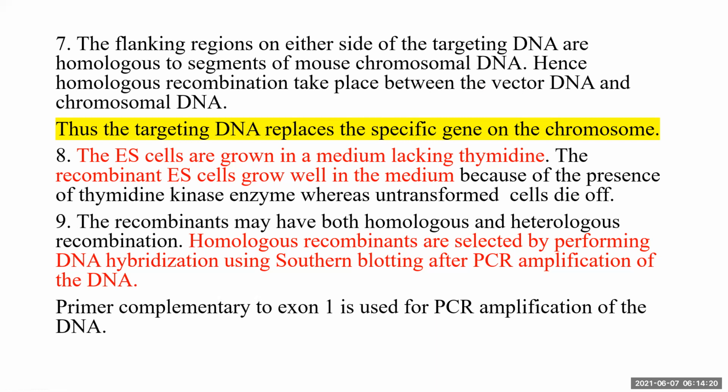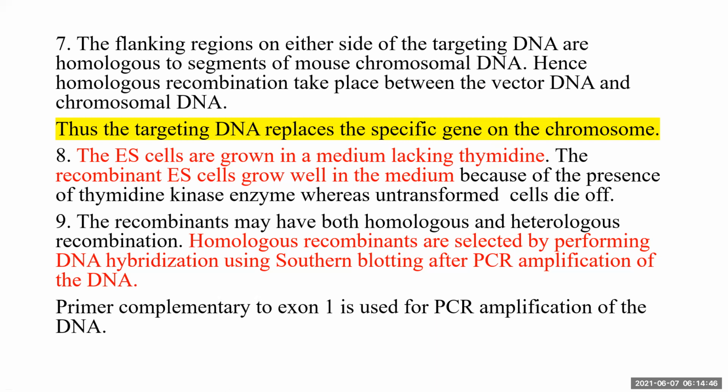The original functional gene in the chromosome is replaced by what? By the cloned DNA containing the non-functional targeting gene. Thus, the targeting DNA replaces the specific gene on the chromosome, right? Now, the embryonic stem cells are grown in a medium.